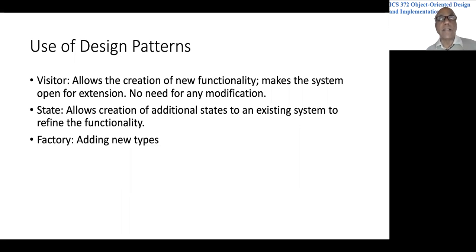It is there, that is closed, but there is a very well-defined place, the factory, for making your changes. But a visitor is a much better example where you have a well-defined approach to extending the system without touching any of the existing code.